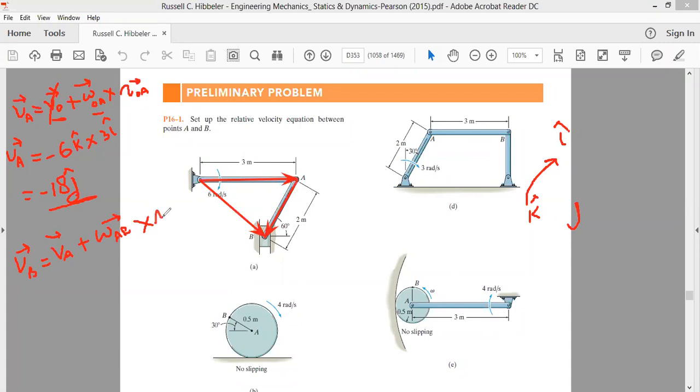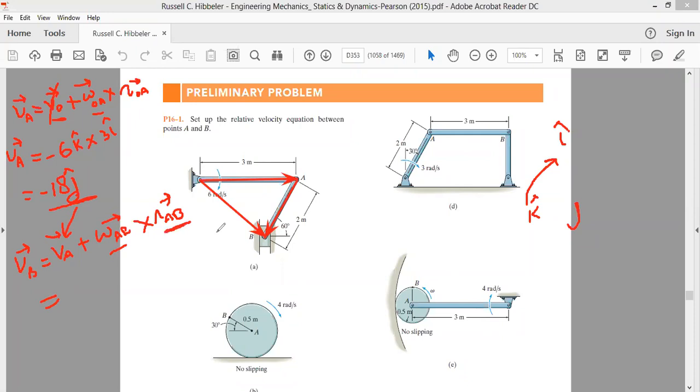You can write this as RAB vector. This is fine. Now we know velocity of A. As far as velocity of A is concerned, it is minus 18j. Angular velocity AB, we don't know. We can find it out, as we have been finding out the previous angular velocities in previous questions.